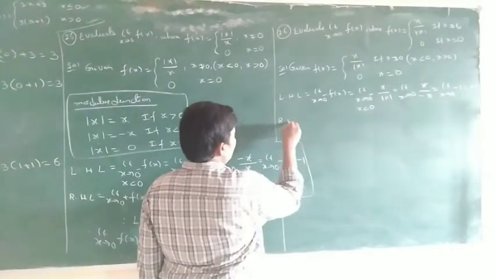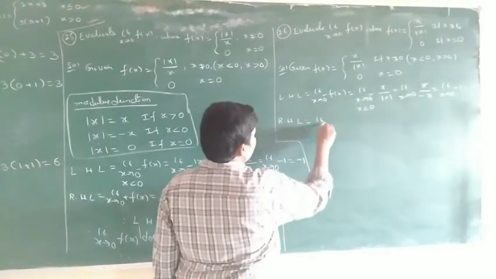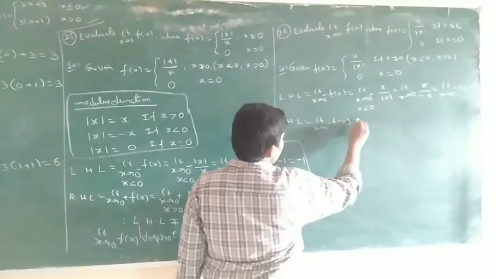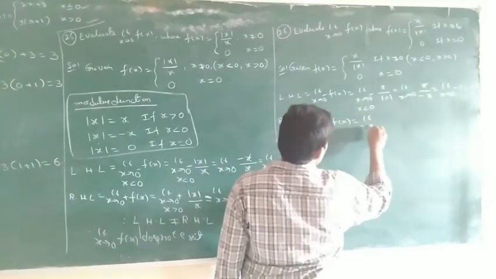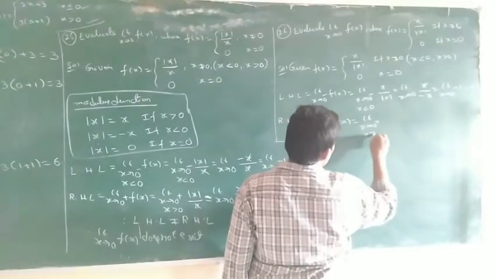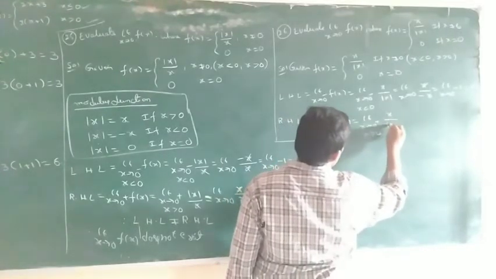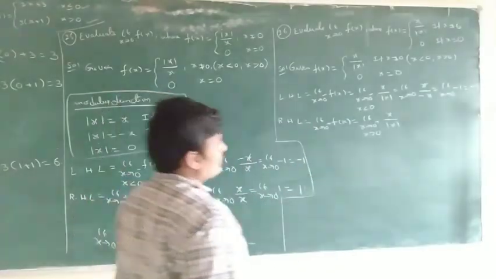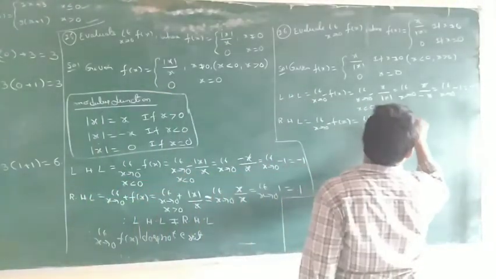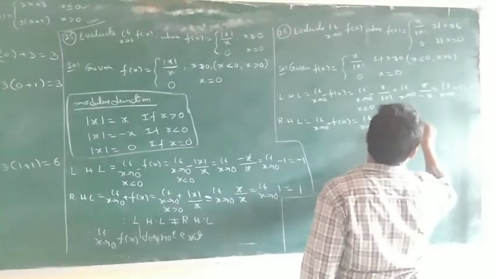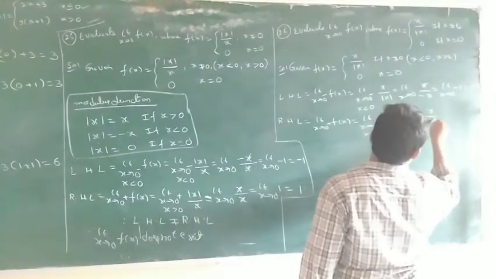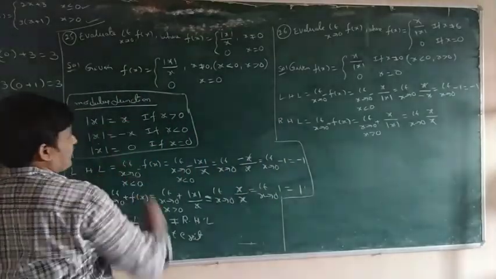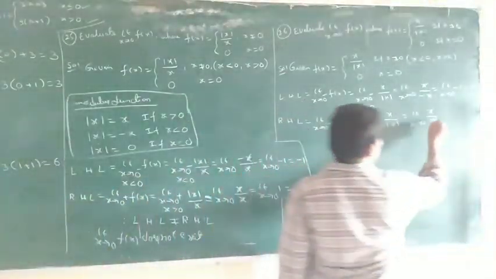Next, RHL. RHL is equal to limit x tends to 0 plus f of x. That is equal to limit x tends to 0 plus, meaning greater than 0, with the same function. So that is equal to limit x tends to 0 of x by x, because for x greater than 0, mod x is equal to x. So x by x is 1.